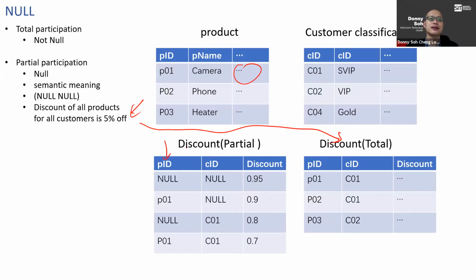So for example, for product 01, I'm only offering customer 01 a 70% discount. So for example, senior SVIP, only for product 1 is a 70% discount. And for customer 01, for all others, for example, it can be an 80% discount.